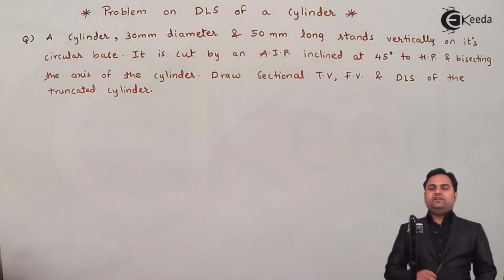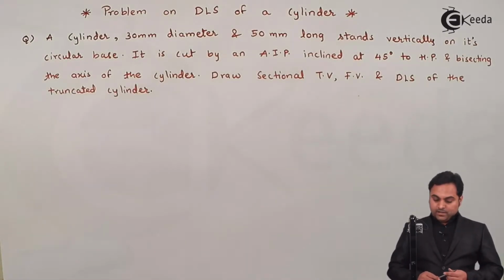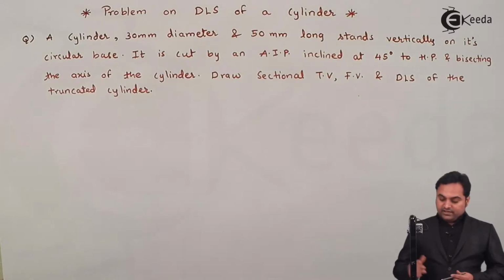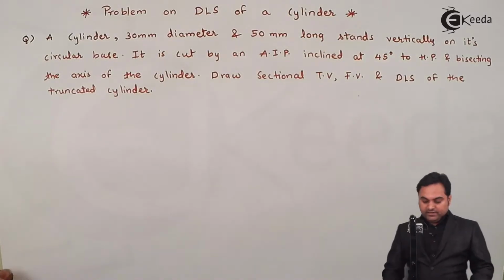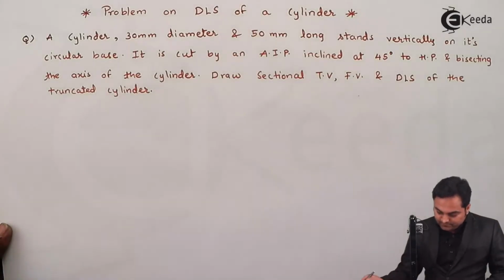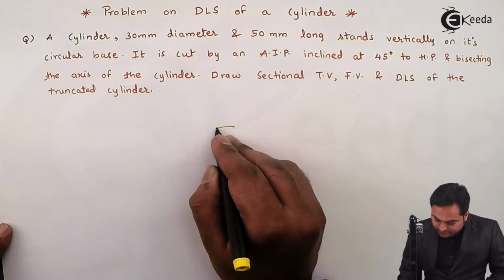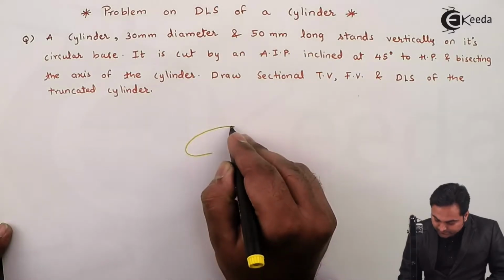For this, truncated means cut cylinder. Now, first I'll start explaining the conditions. Since the solid is a cylinder, I'll draw the diagram for it. I'm drawing a rough diagram.